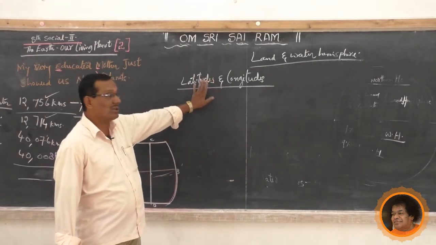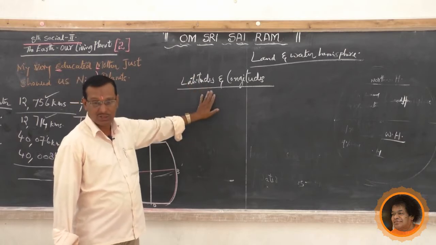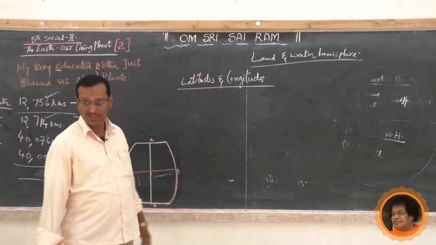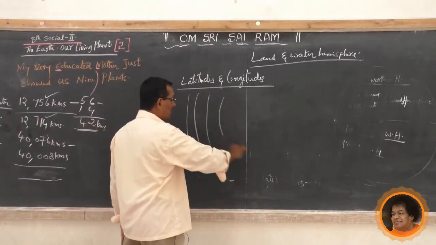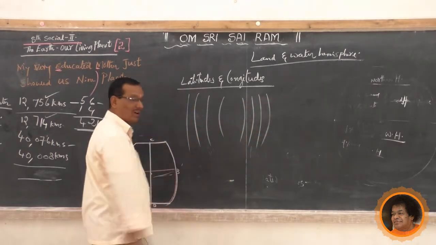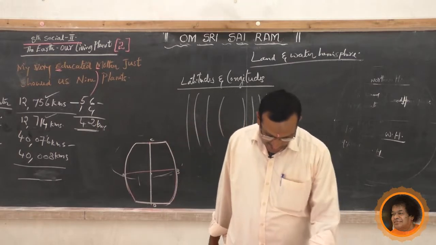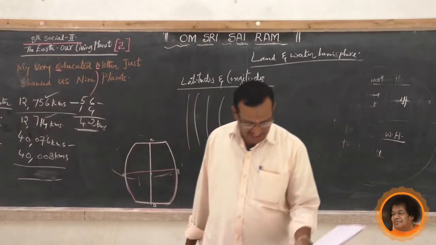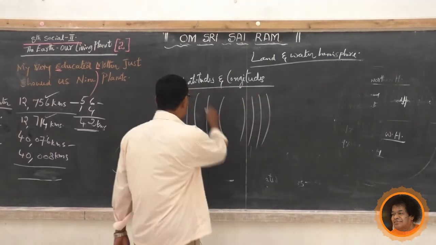To know a particular position, a particular place, a particular direction, to know all these things, there is a network of lines on our globe. These are called lines of latitudes. On a globe, the horizontal lines are lines of latitudes.